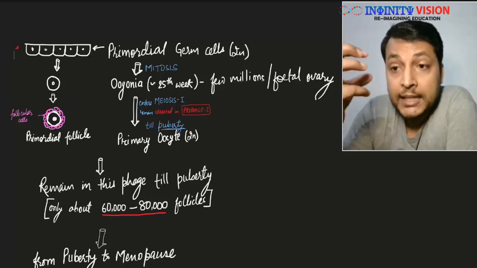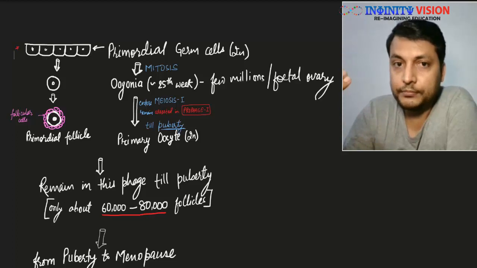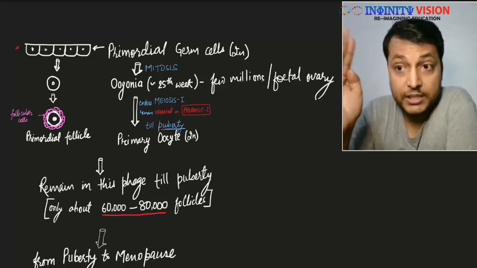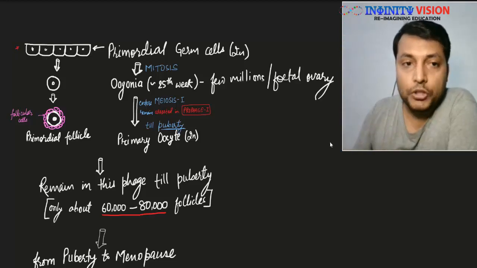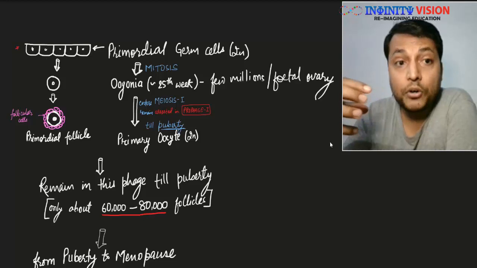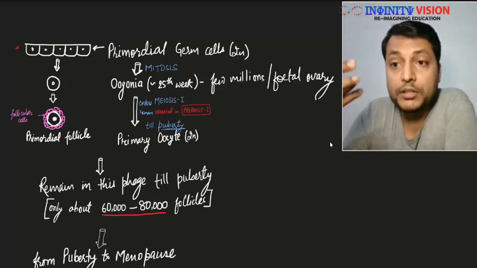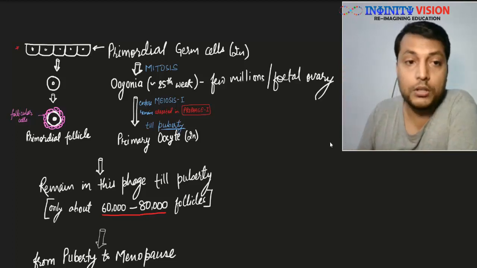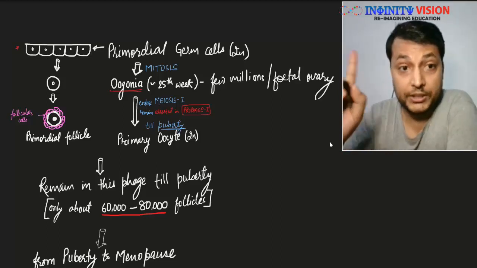Now, in these diploid cells, mitosis will occur. Remember, it is mitosis, not meiosis. As a result, the number of cells will increase, and the new daughter cells formed are called oogonia. Do you remember these things?